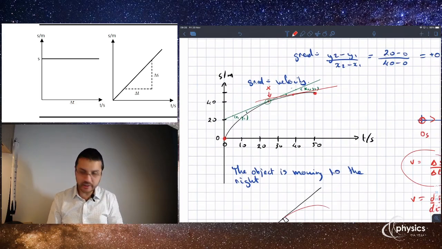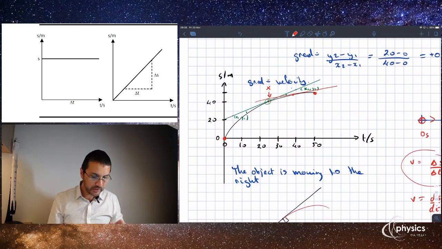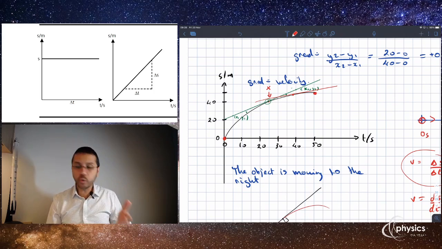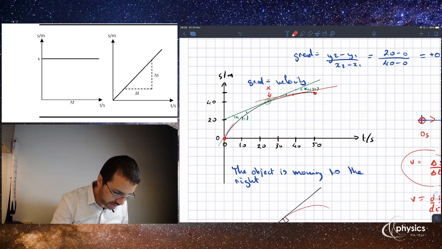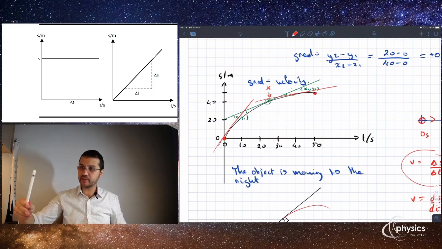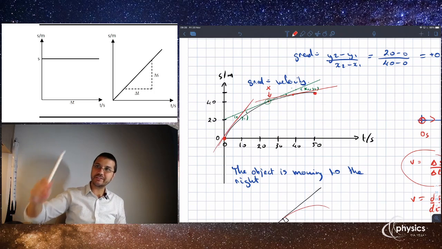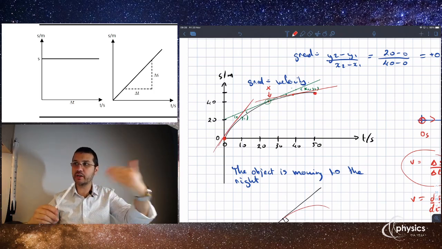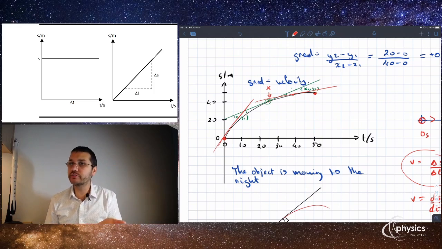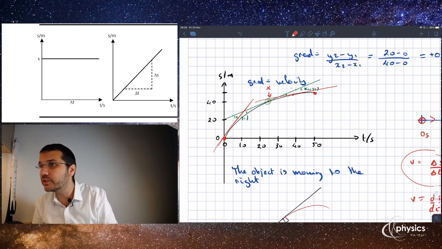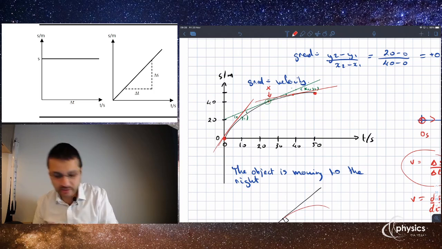So let's continue to write this down. The object is moving to the right. Now, it's not moving at constant velocity. What is the velocity doing? Look, the gradient was like that at the beginning, and then it is getting lower. If the gradient is getting lower as time is passing by, what's happening to the velocity? Since the velocity is equal to the gradient, the velocity is decreasing.